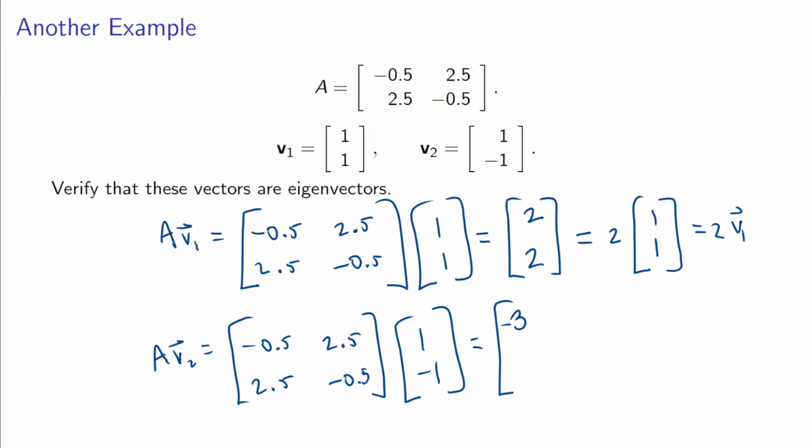And we get 2.5 minus negative 0.5, so that's positive 3. And so we get negative 3, 3. This is negative 3 times 1, negative 1, or negative 3v2. So we find that v2 is indeed an eigenvector with corresponding eigenvalue negative 3.